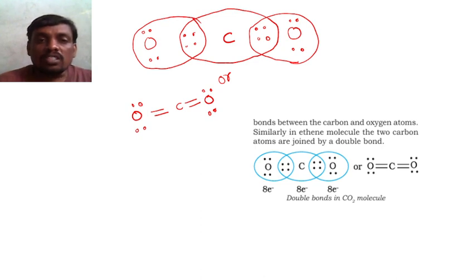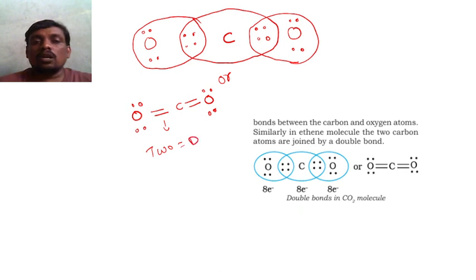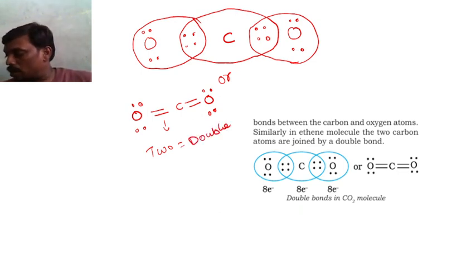When these outer shell valence electrons are shared with the carbon, then bond formation occurs. So two pairs of electrons are going to be shared, hence it is called a double bond.